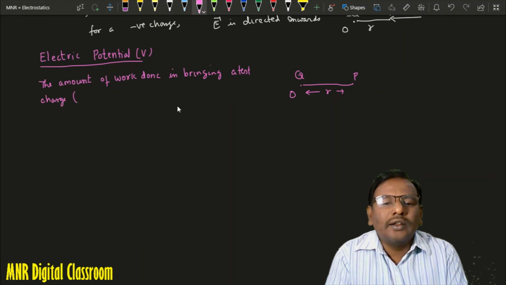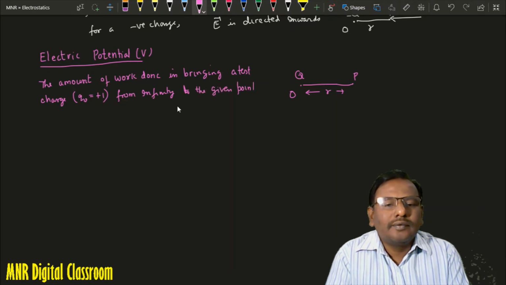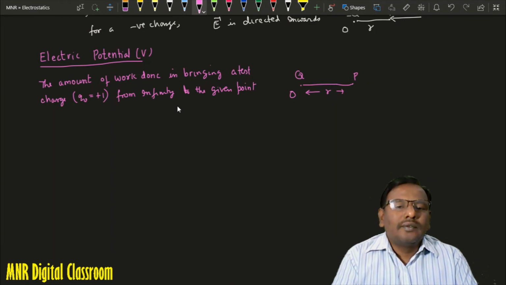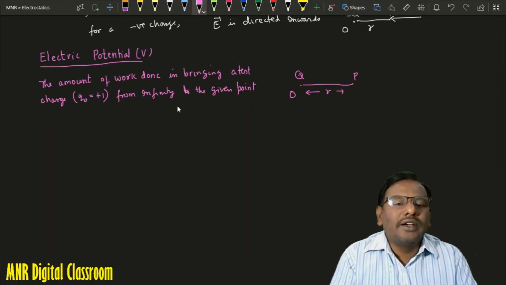I think you know that a test charge means a charge whose magnitude is equal to +1. The amount of work done in bringing a test charge from infinity to the given point gives us the measure of electric potential at that point.